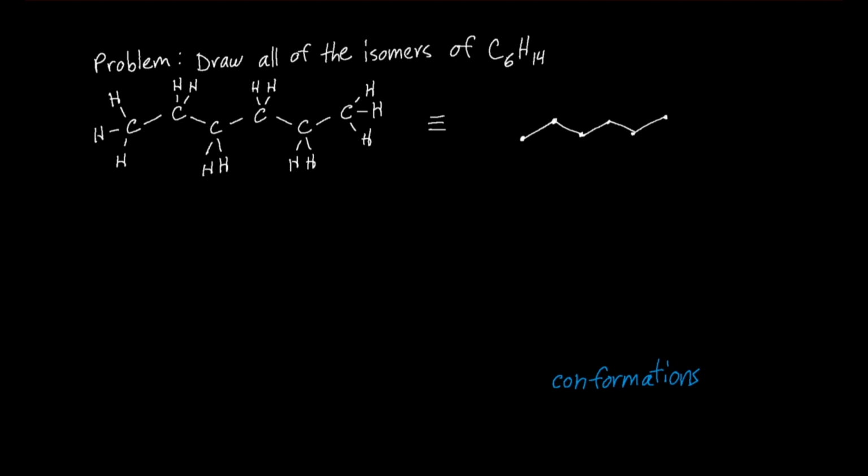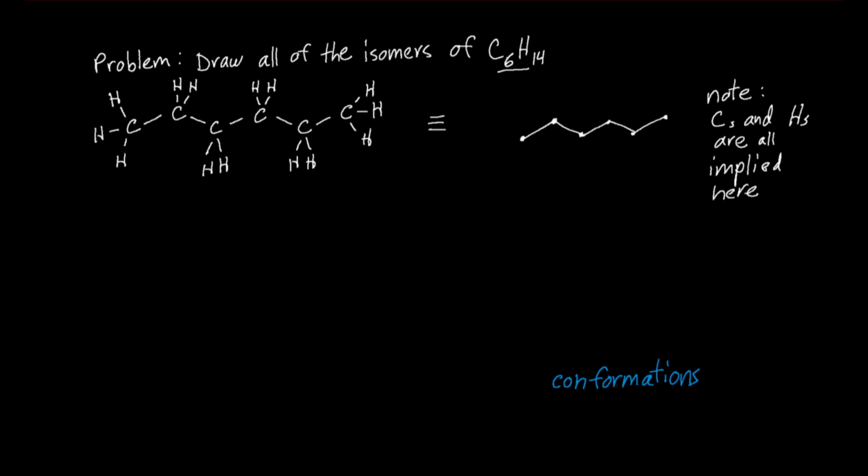These are representations of the same molecule, C6H14. The carbons and hydrogens are all implied. That's what we call implied here. But notice how much more quickly you can draw this.